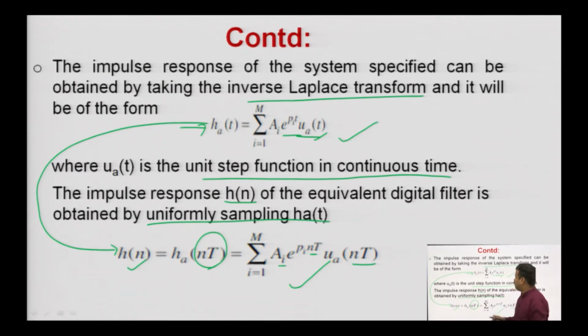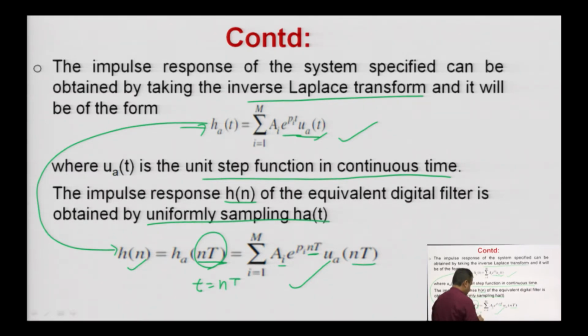So, in the first step you are calculating h_a(t). In the second step you are doing the uniform sampling of h_a(t) and you will get h(n) by the uniform sampling on this interval, or exactly you are putting small t equal to small n into capital T. Here small n is the discrete time domain, and capital T is the sampling time interval.